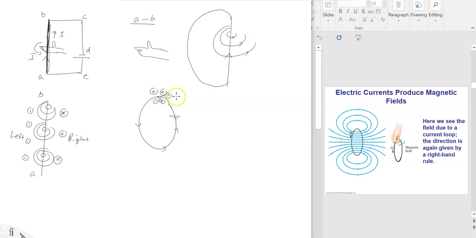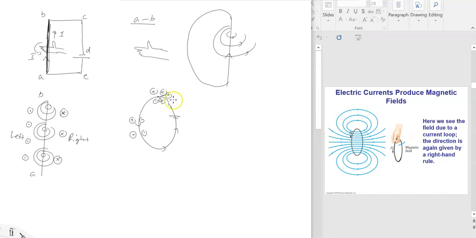I will show this in class also on video. By following throughout the loop, at every point you try the right hand, you see that it's coming out like that. That's the same thing in the picture over here to your right.